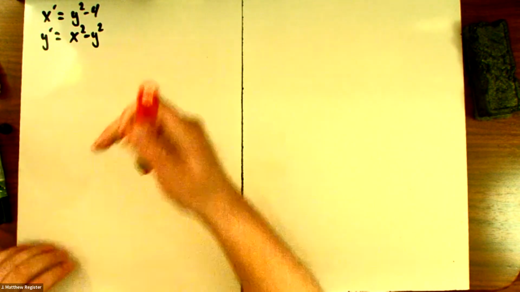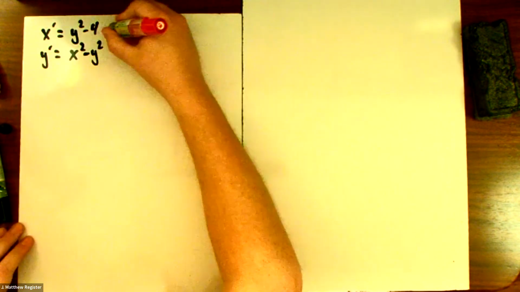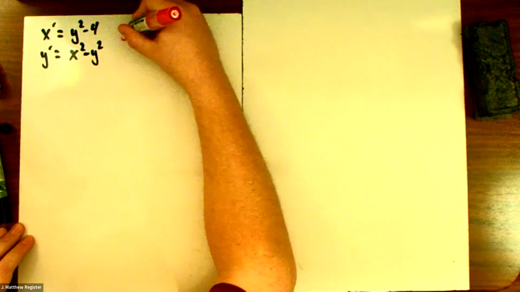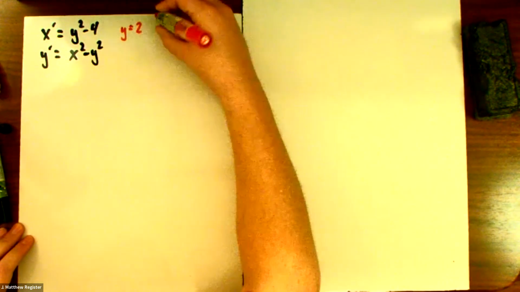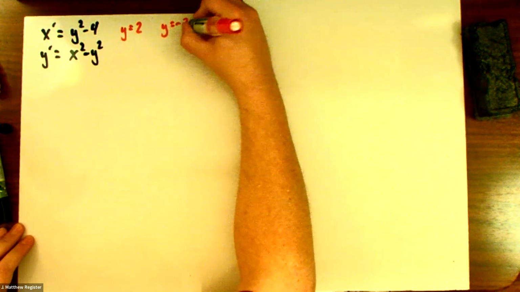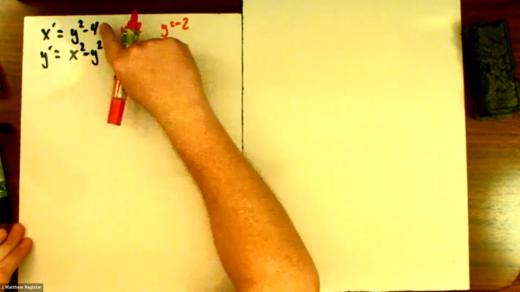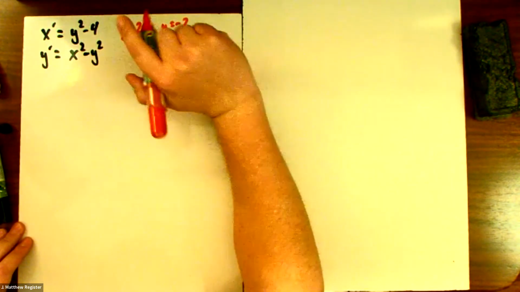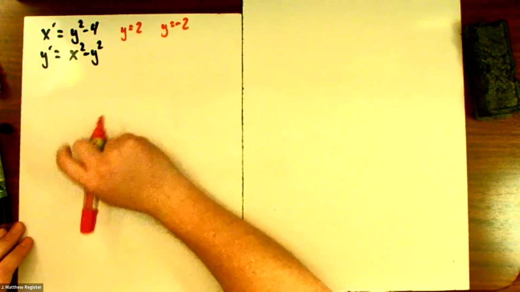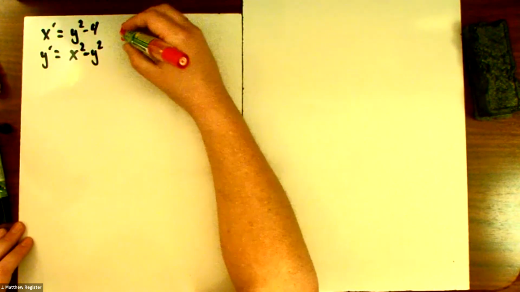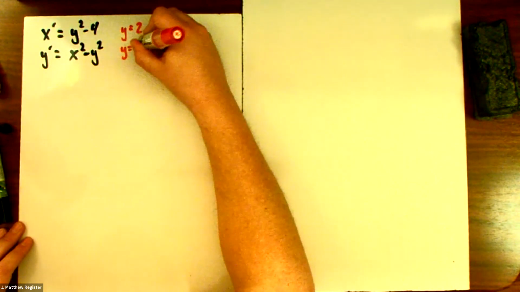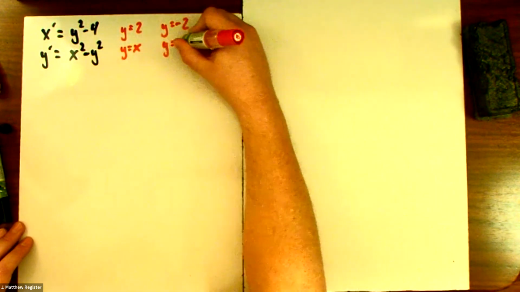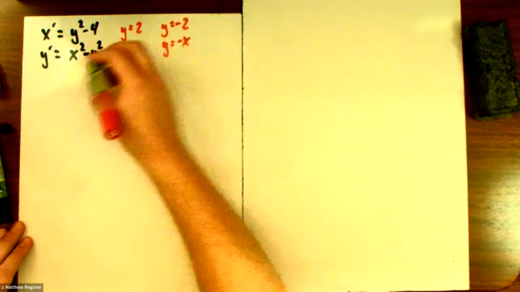Our first step is to find the nullclines so that we can figure out where the equilibrium values are going to be. For our first one, it is going to be y equals 2 and y equals negative 2. Again, that comes from just setting the equation equal to 0. And then for the second one, it's going to be y equals x and y equals negative x.